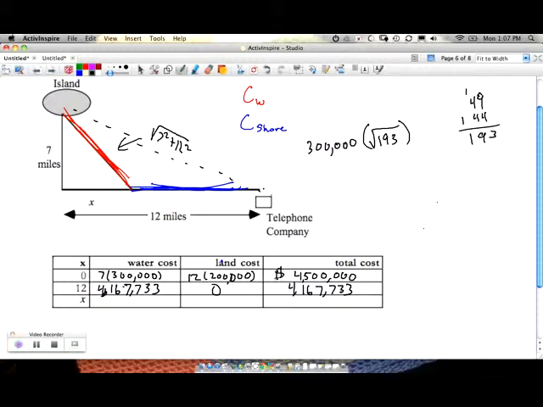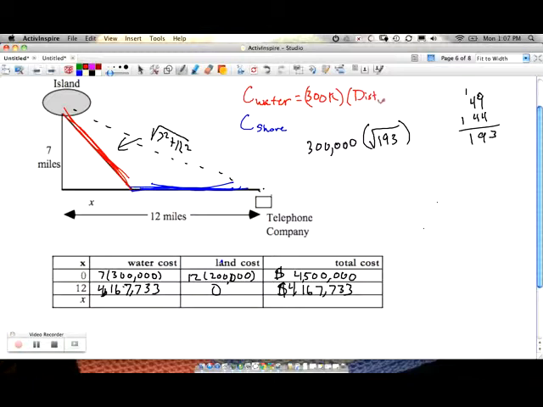All right, so now here's the trick. We got to figure out what is the cost of the water, and the cost of the shore. Cost of the water is going to be 300,000 times the distance of the water.